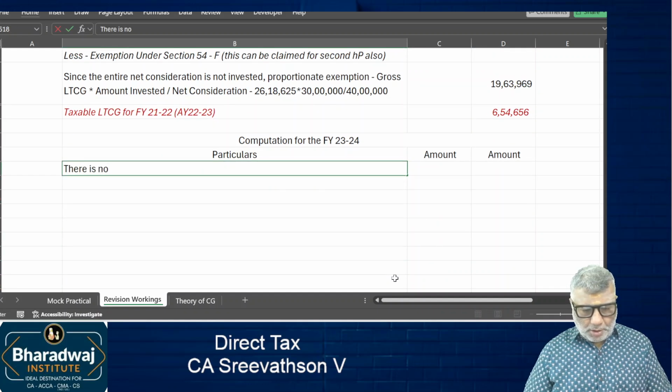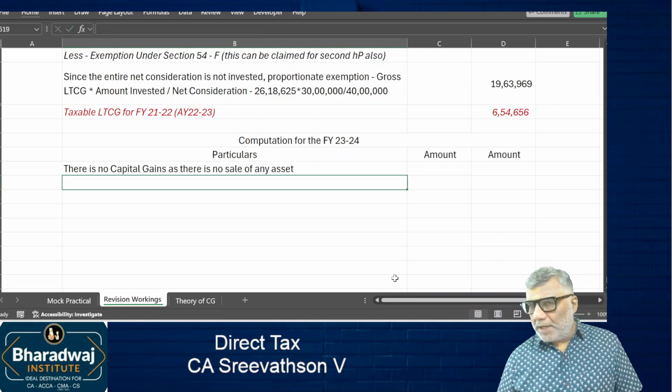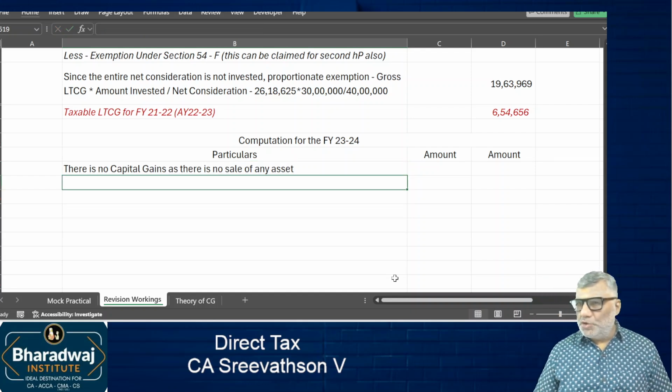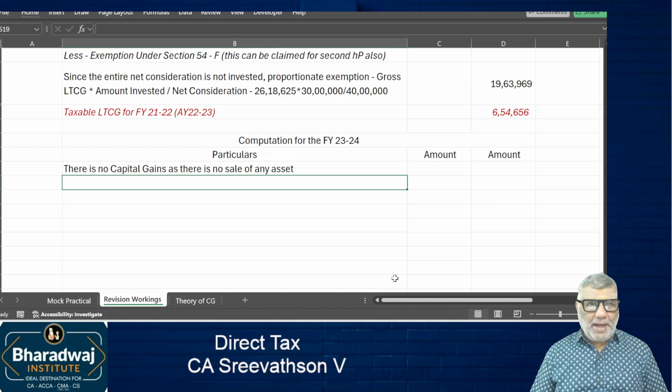There is no capital gain as there is no sale of any asset. Okay.